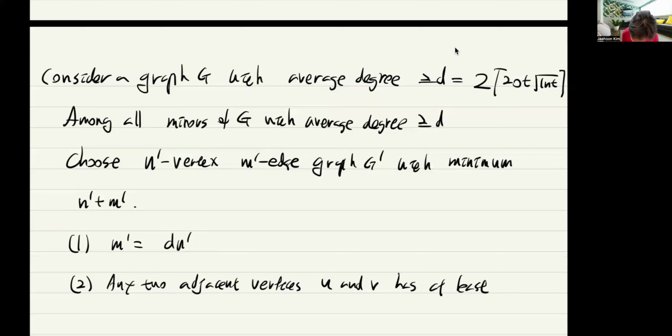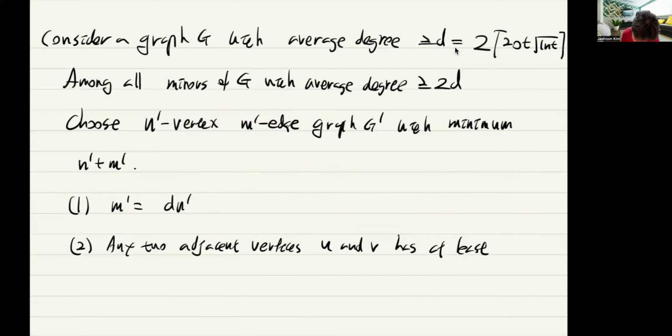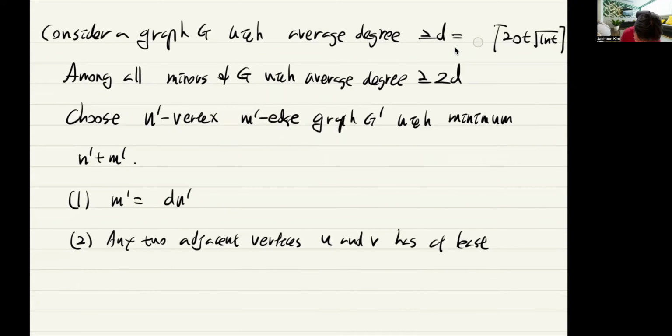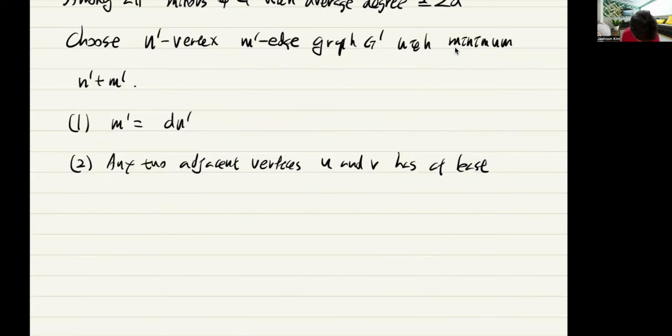Let's use this as D. Let's say every degree is at least 2D. Yeah, let's write it this way. And they have at least D over 2 common neighbors.